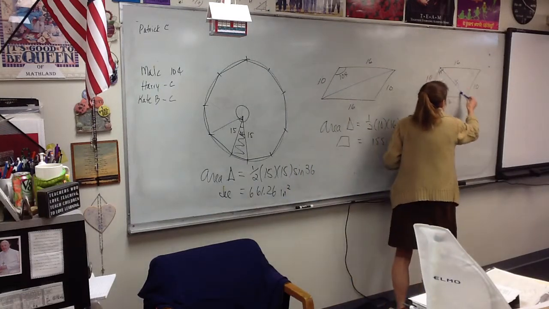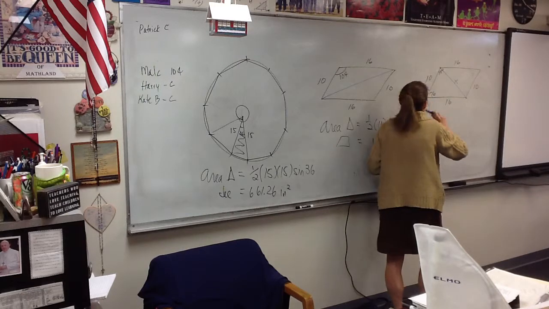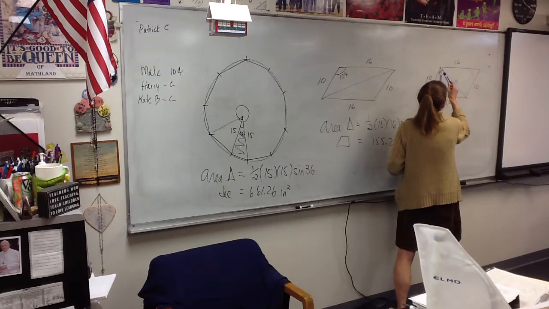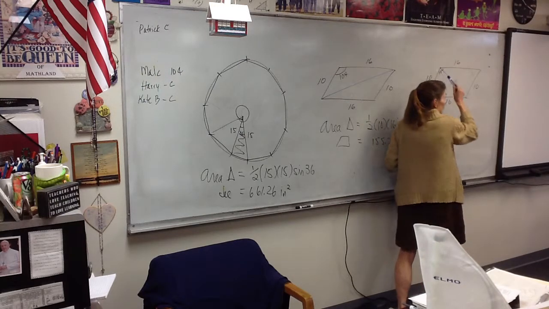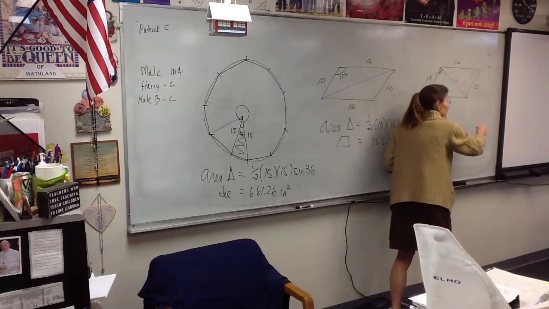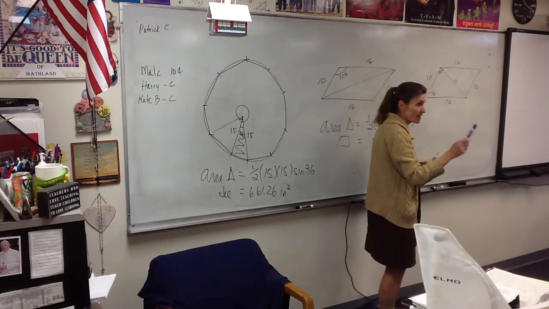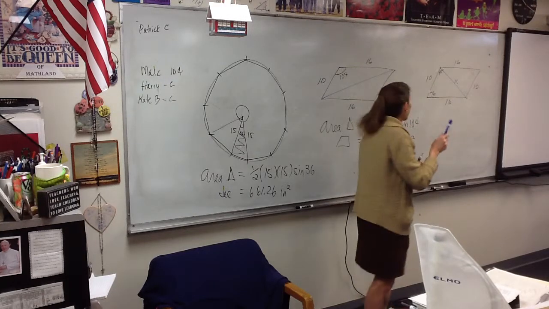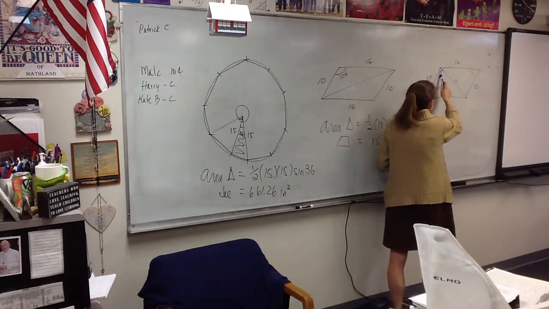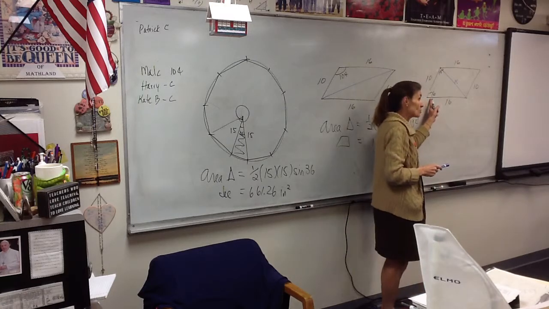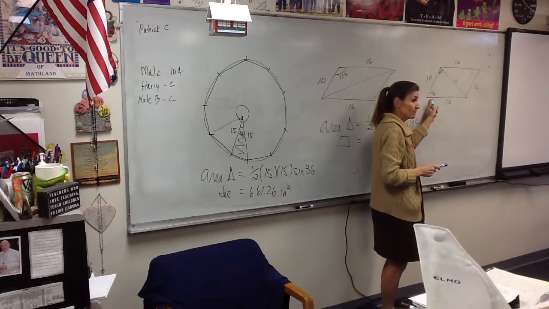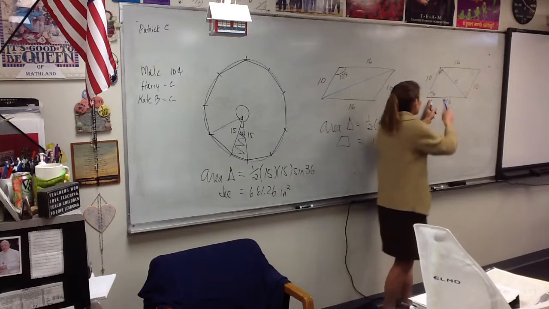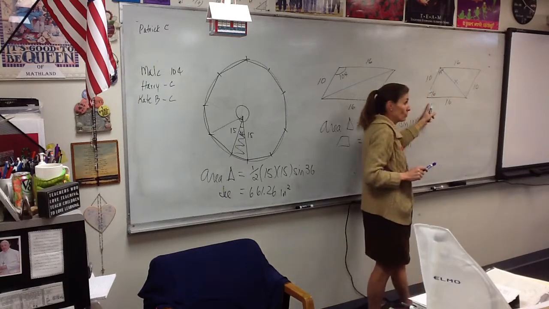When I drew in that blue line, you can't say this is 52 and this is 52. Can't do it. The diagonals of a parallelogram do not bisect the angles. So, I don't know anything about that angle, so that's why I needed to know this one was 76. This is the only angle in this triangle that I know.